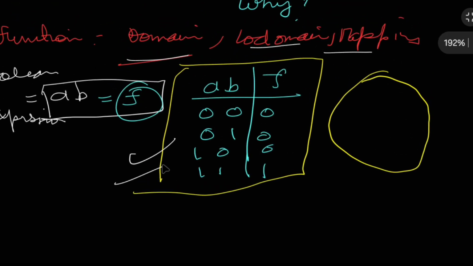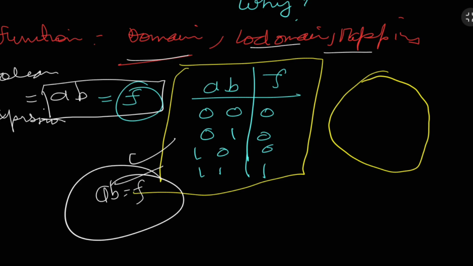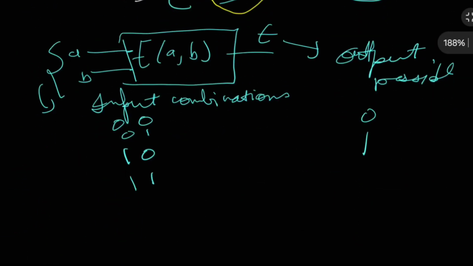This is the same. So this function AB, that's why we call it a function. So अगर आपके पास कोई भी एक्सप्रेशन है ऑफ टू वेरिएबल्स, तो आपके पास जो भी इनपुट कॉम्बिनेशंस हैं उसके पॉसिबल आउटपुट 0 और 1 होंगे. ये हमारा आइडिया है. तो हमारा ये फाइनल कंक्लूजन है.